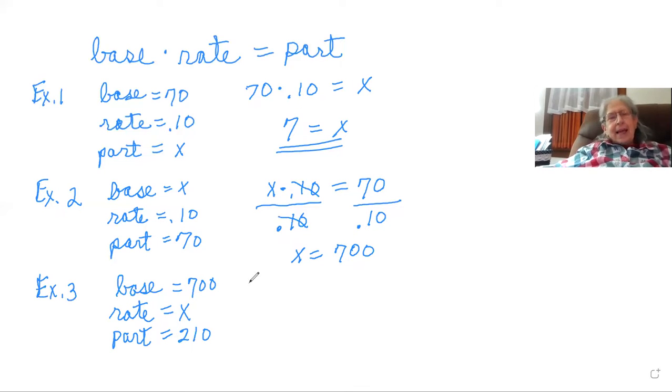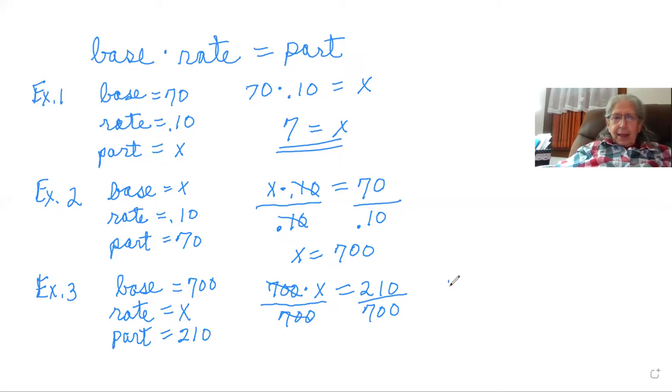We plug it into the same formula. The base is 700, so we put that in first. The rate is x, and the part is 210. And we want x alone. Currently, it's not alone because it's multiplied by 700. So we do the opposite of multiply, we divide. And these guys cancel.